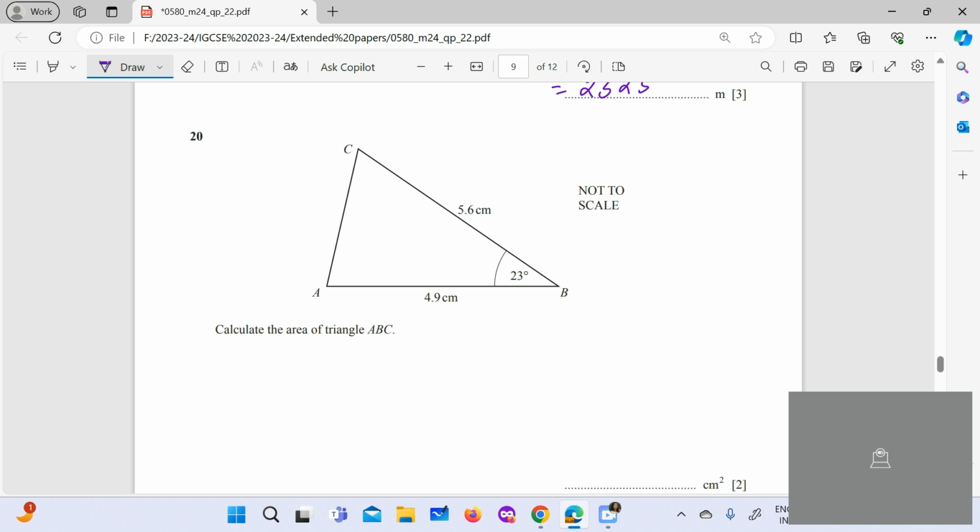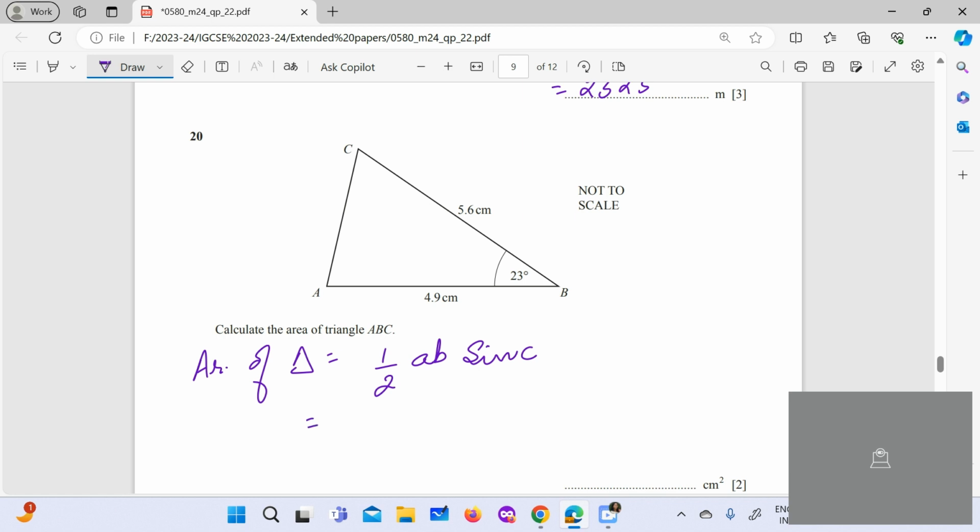Calculate the area of triangle C. Okay, so this is not a right angle triangle. So here we have to use the formula. Area of triangle is equal to half ab sine C, right? So a and b are the given lengths and C is the included angle.